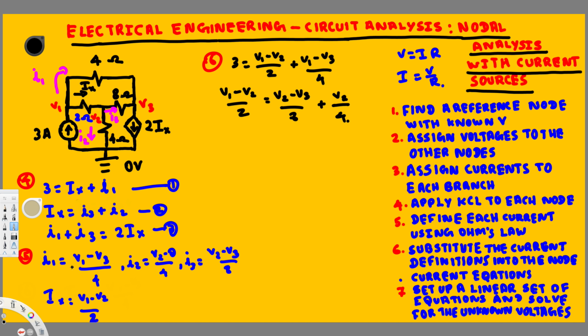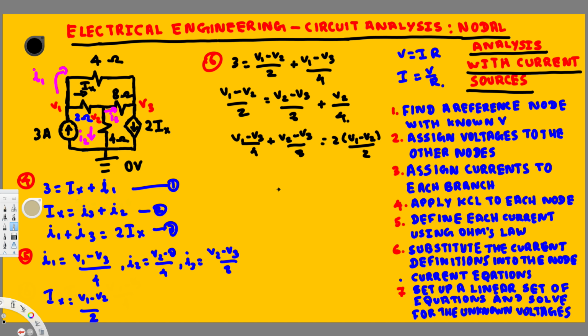And the third equation is going to be I1 plus I3. I1 is V1 minus V3 over 4. I3 is V2 minus V3 over 8. That is equal to 2Ix, 2 times this value, so 2 times V1 minus V2 over 2, right? Now we have created all the equations.